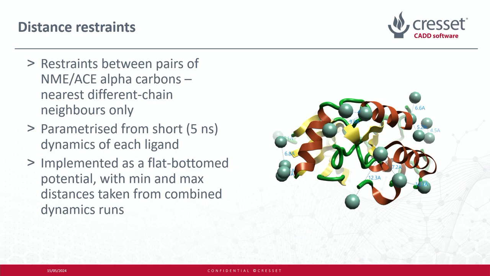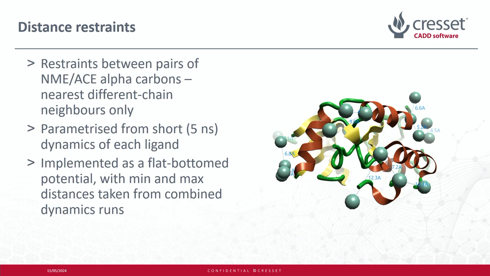So we simulate all of the ligands in the system in turn for 5 nanoseconds. We combine all of those trajectories, and then we take the minimum and maximum distances for all of these pairs that I'm highlighting here, and we apply those as the distance restraints.